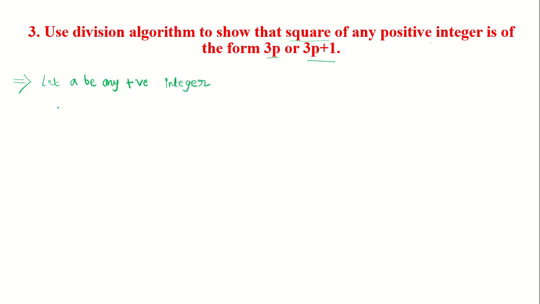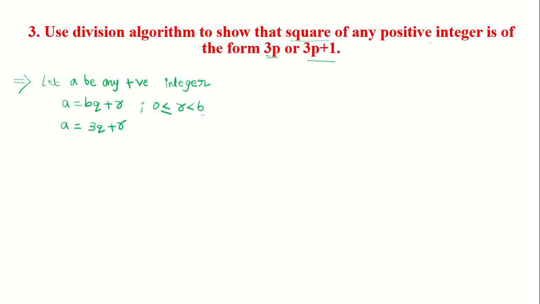Now from the division algorithm, what do we have? a equals bq plus r, where 0 is less than or equal to r is less than b. So here, what is the value of b? 3, from the question. So a equals 3q plus r.